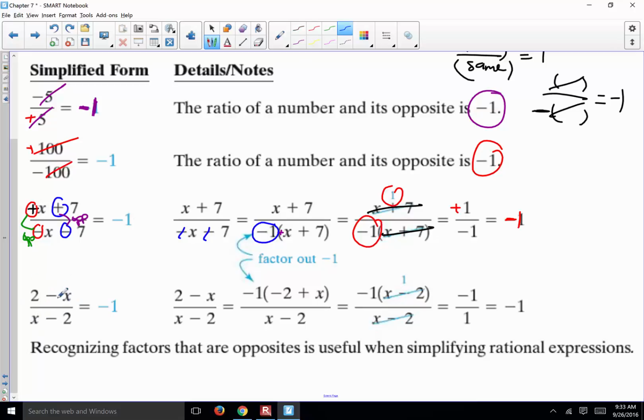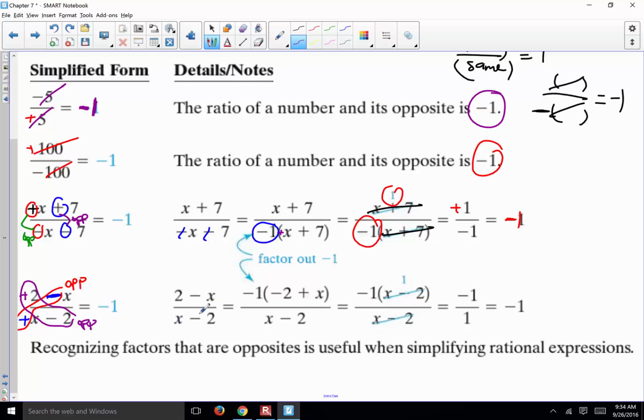You may say, oh, these are not the same. This is minus, this is plus. But no, these are opposite. Look, x's have opposite signs. How about the constants? This is plus 2, minus 2. They are the opposite as well. Both terms have opposite signs, which means you can factor a minus from top or bottom.